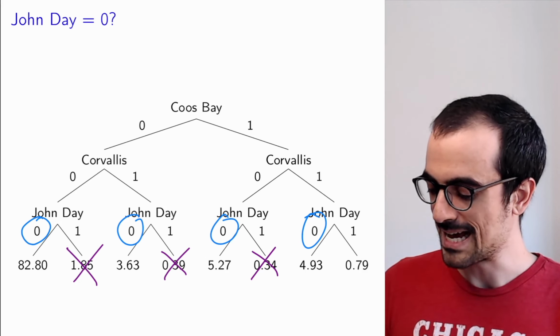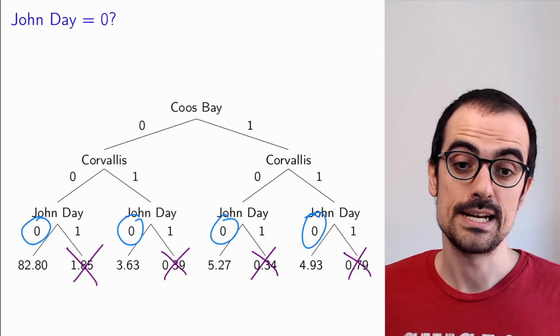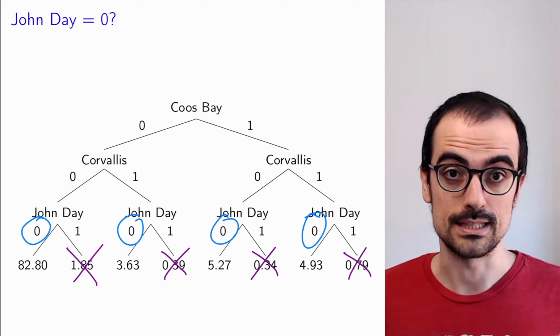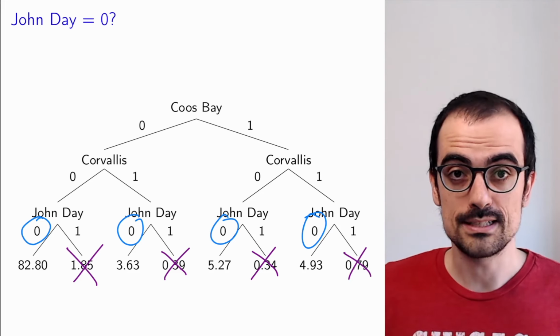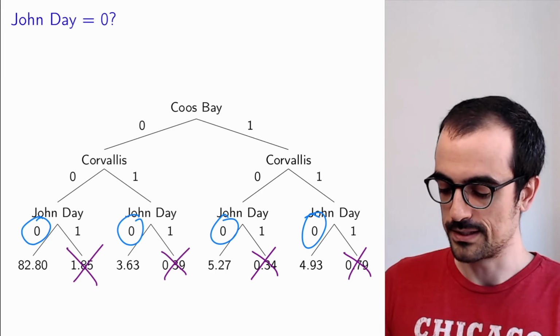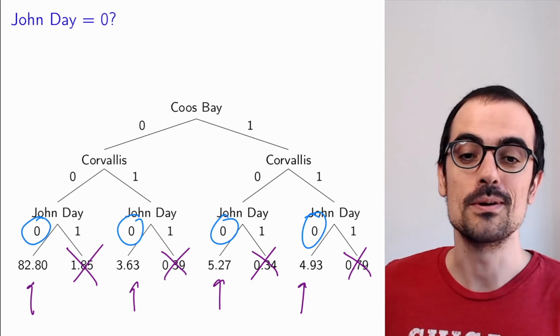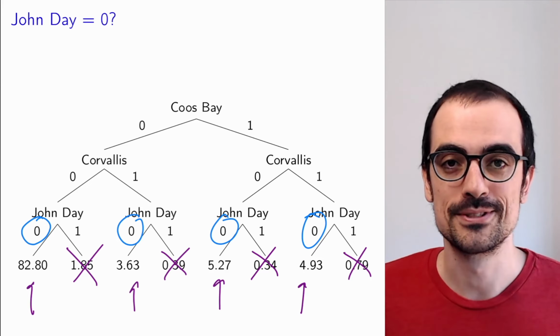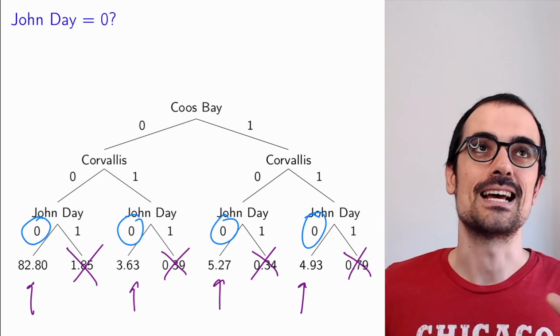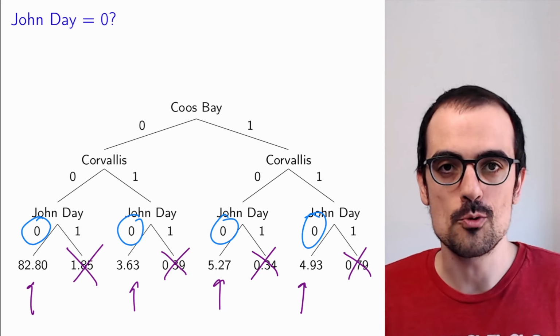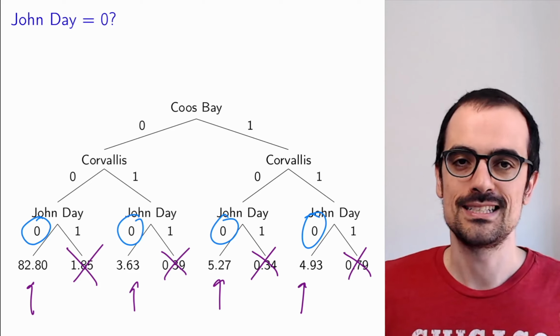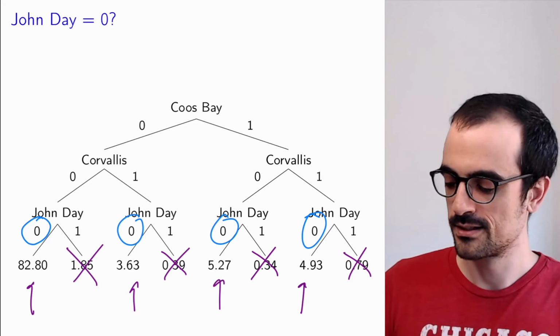We get that slice of the joint PMF. Now we have to normalize it so that it adds up to 1. How are we going to normalize it? By the sum of these guys. But what is the sum of those guys? They're just the probability that John Day is equal to 0. Okay, so this is just to show you that our formula for the conditional PMF stems essentially from common sense.